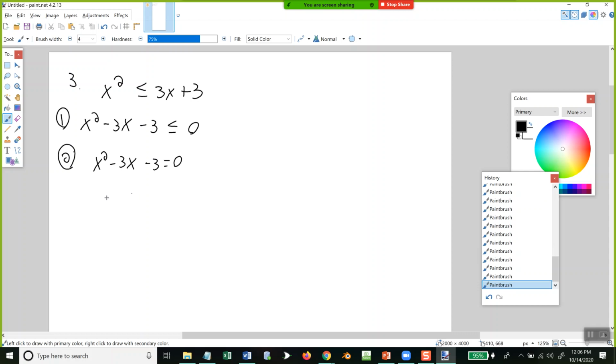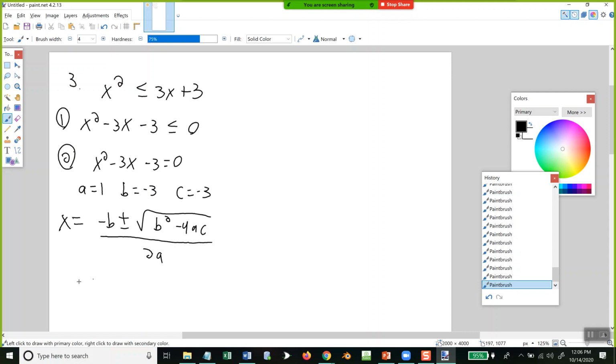Then solve this. This doesn't factor, so we have to use the quadratic formula. A is 1, B is -3, C is -3. The quadratic formula is -b plus or minus the square root of b squared minus 4ac, all over 2a.